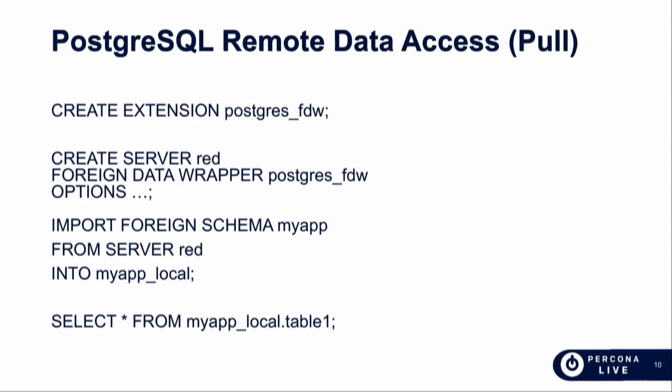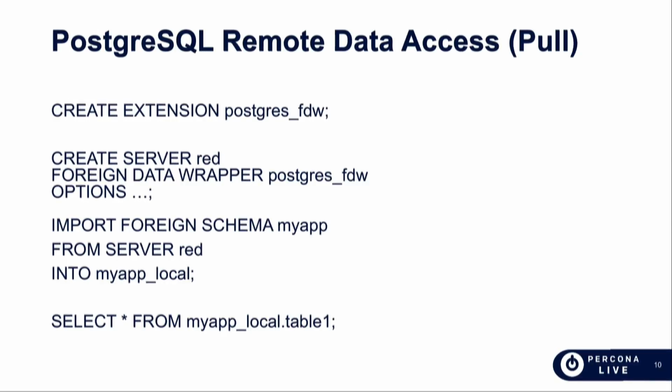This dynamically loads a new capability into the server, and then we would create a server using the foreign data server command. So I'm creating here a server called red using the foreign data wrapper Postgres FTW, and then providing it some options. And then we're using the SQL standard command for import foreign schema.